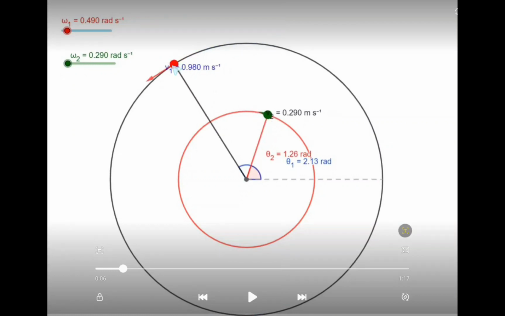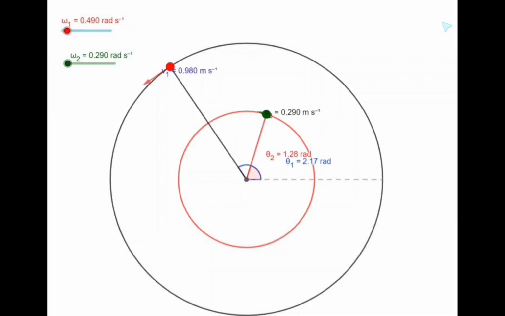Both particles will move with different tangential velocities and different angles, as we can see here. Now, the tangential velocity for the green one is v equals r omega, and omega for the green one is 0.29, and this is r here.